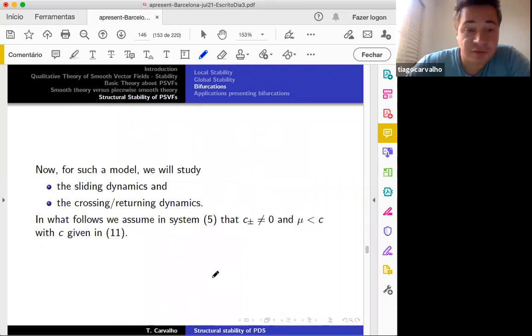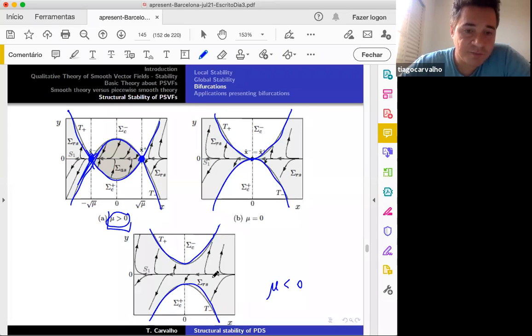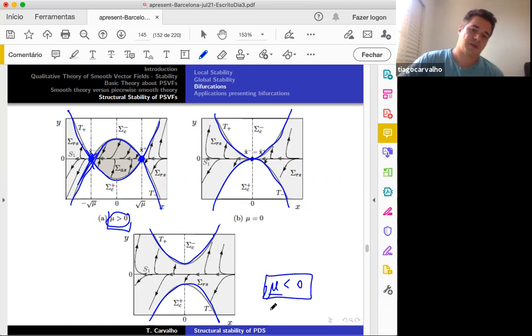This behavior is obtained by the variation of just one parameter, the parameter m. These curves pictured here, and this phase portrait, I will explain in the next slides.